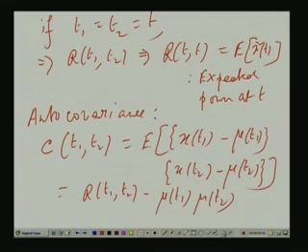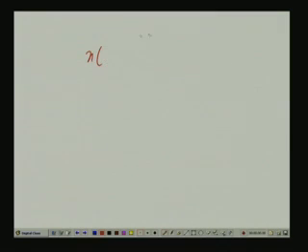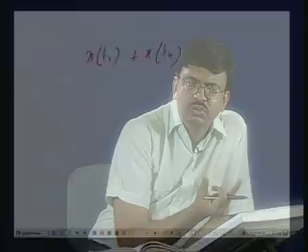The answer is, suppose I am passing a random process through a linear system and I want to find the power at the output. Suppose the system just takes one sample, another sample, and adds them. It is a linear system. It takes two samples at a gap of T1 minus T2, adds them, and gives you the output.